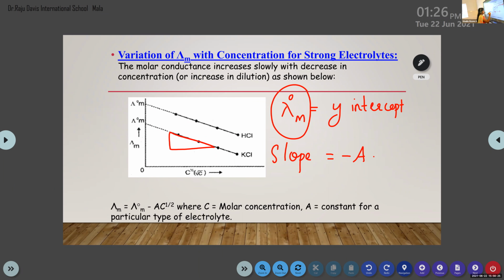This value can be obtained from the x-axis, and the other value is obtained from the y-axis. The slope is equal to minus a. It's a constant and it will be the same for a particular type of electrolyte. So these two values we can obtain from this graph.